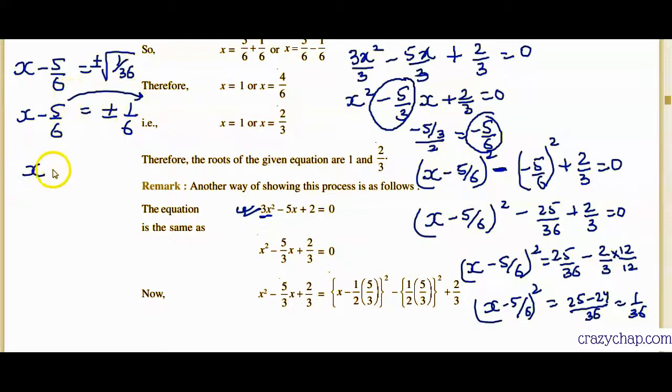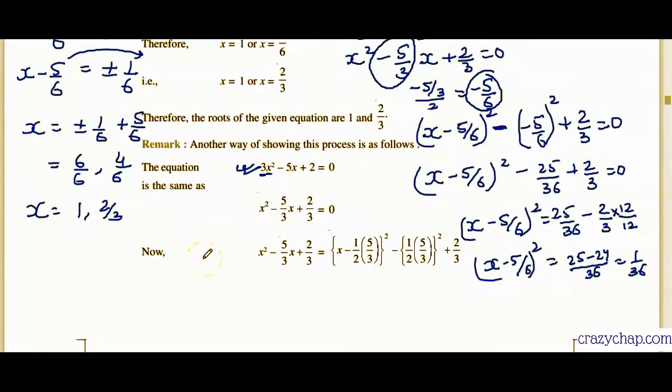We get x equal to plus minus 1 over 6 plus 5 over 6. Taking positive sign we get 6 over 6, and taking negative sign we get 4 over 6. So the value is 1 or 2 over 3. So these are the two values of x. These are called two roots. We solved it by using the completing the square method. Good. Let's move on to the next example.